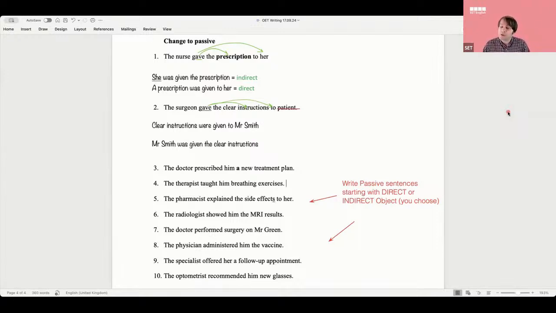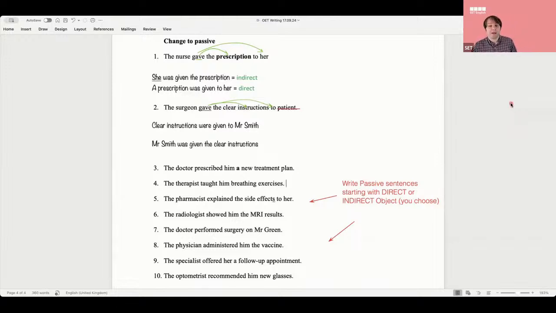Hamid, a new treatment plan was prescribed to him. Okay, good. Kim, you can't speak from now on. That's fine. Thanks for letting me know after I shouted. Sonia, breathing exercises were taught to her. Okay, good. Patience. Yes, breathing exercises were taught to him. Yeah, good. Good. So we can say breathing exercises.